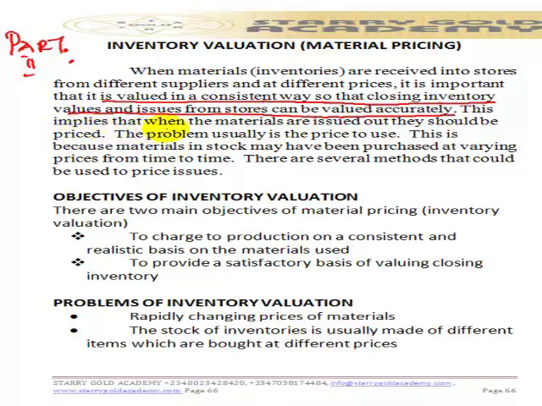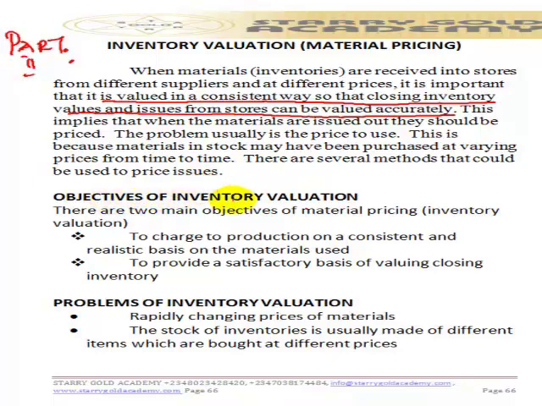This implies that when the materials are issued out, they should be priced. The problem usually is the price to use. This is because materials in stock may have been purchased at varying prices from time to time. There are several methods that could be used to price issues.